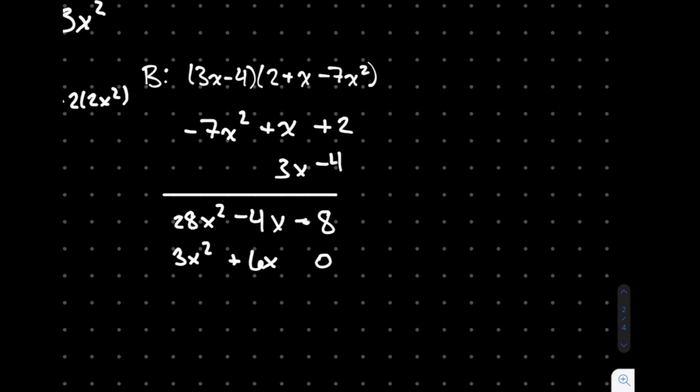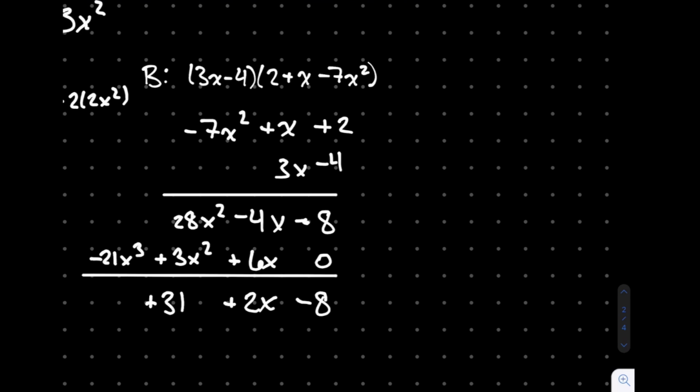And 3x times negative 7x squared is negative 21x cubed. All right, and then just like if we were multiplying two numbers together, we are going to add down to get our result, negative 8, negative 2x, 31x squared, and negative 21x cubed.